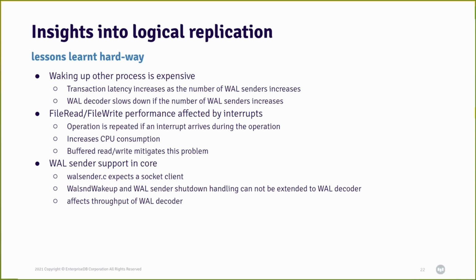Which means that the WAL decoder could not take advantage of some of the privileges available to the WAL sender process. For example, there is the WAL send wake up cycle, which the WAL flush uses, or shutdown cycles, which give a higher chance or more time for WAL sender to shut down, so that it has some time to send all the available WAL downstream.